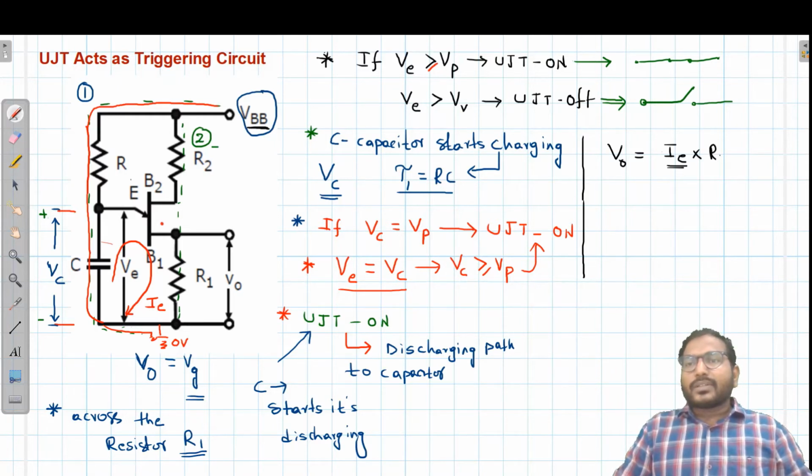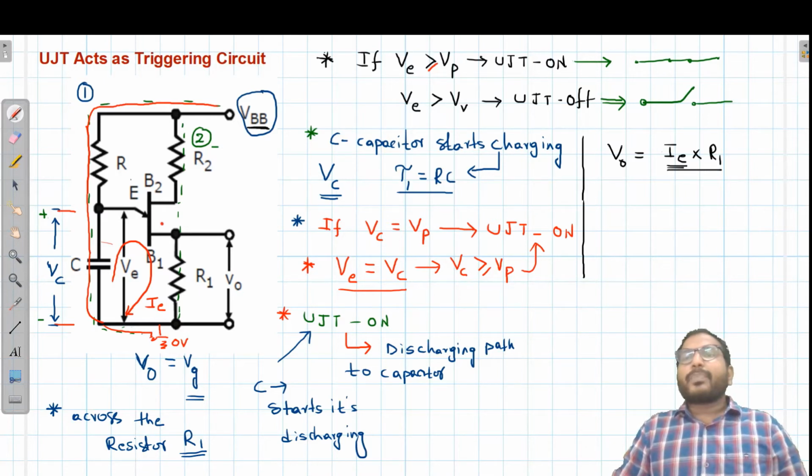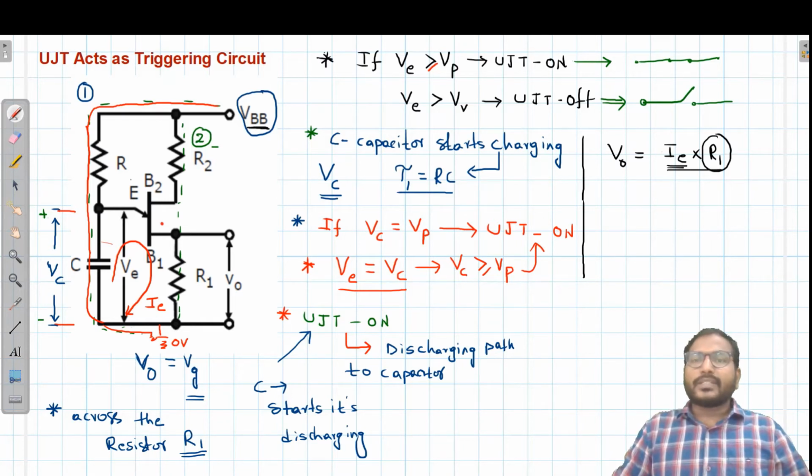Whatever voltage the capacitor discharges will appear across R1 as a voltage drop. That means we can conclude that the voltage drop across R1, that is V0, is equal to the discharging voltage. This is the concept.